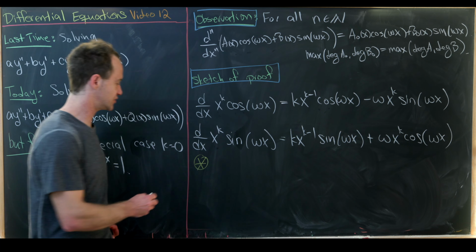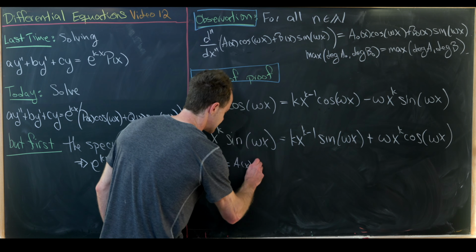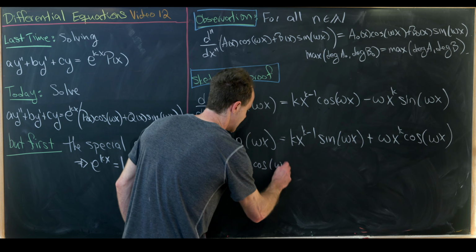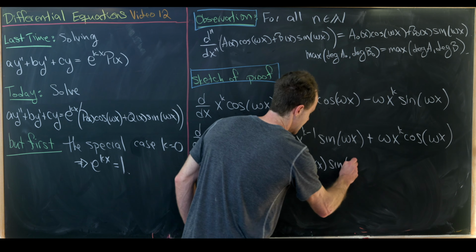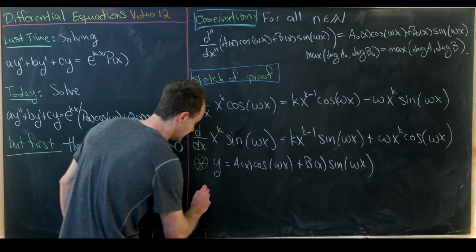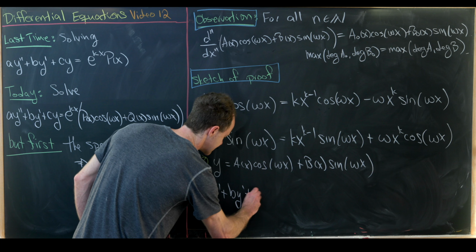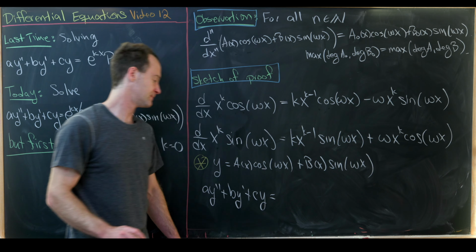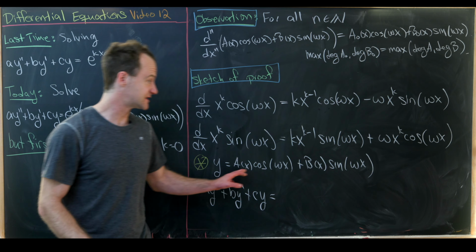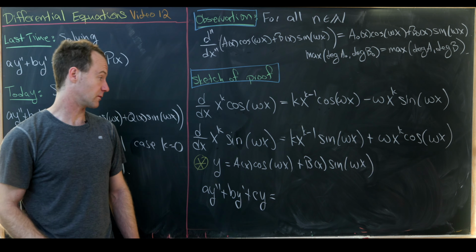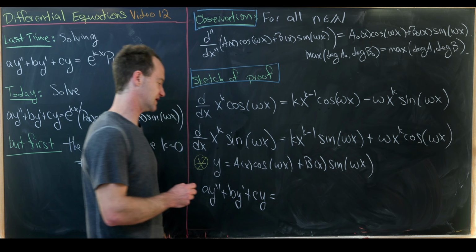That motivates the following kind of companion observation down here, which will tell us how to solve our upcoming differential equations. And that is, if we have y equals a of x times cosine omega x plus b of x times sine omega x, then if we take ay double prime plus by prime plus cy and do that combination, what we'll end up with is something of the same form. The polynomials will of course change, but the general shape will be the same.